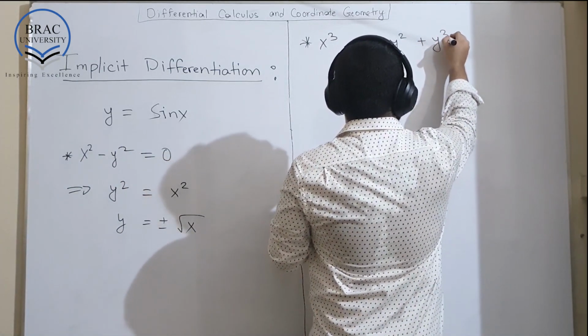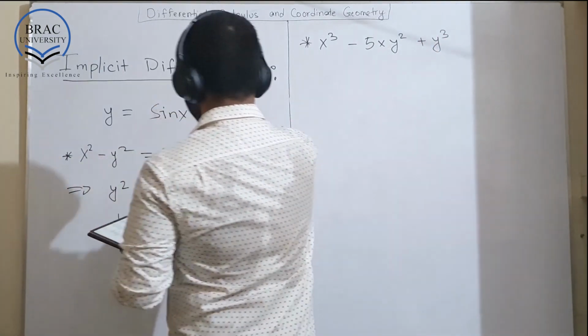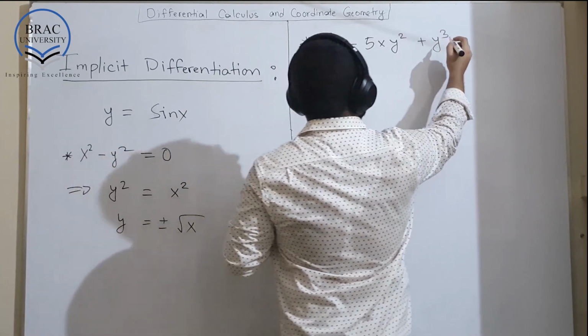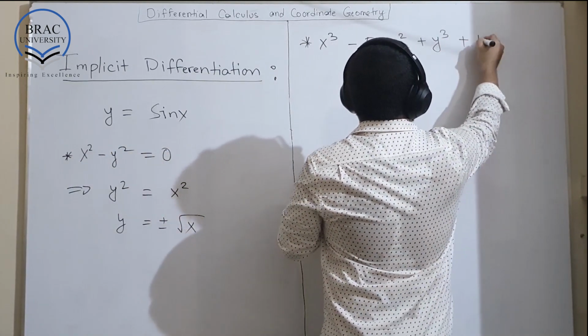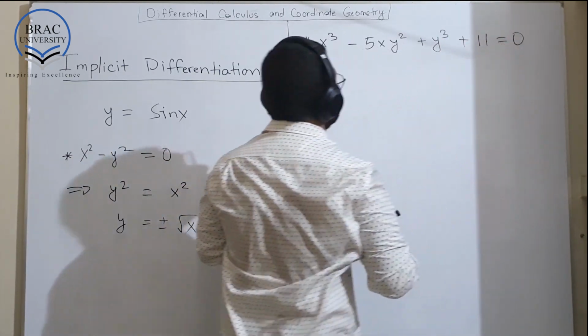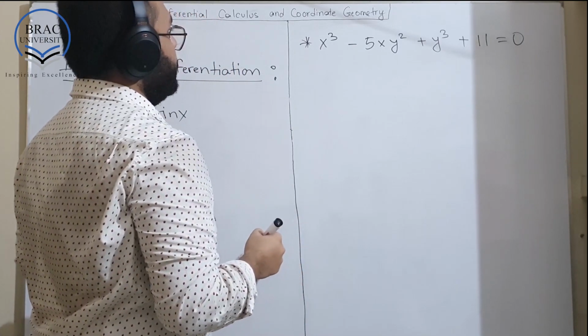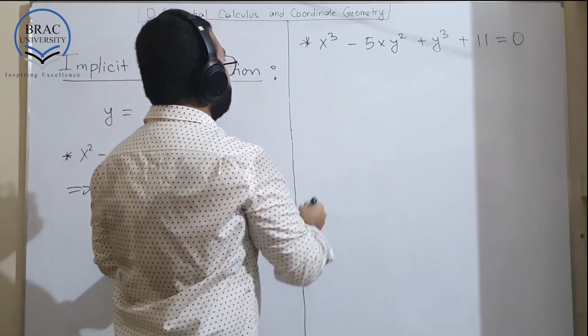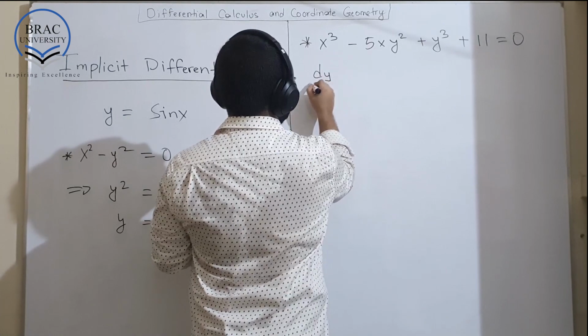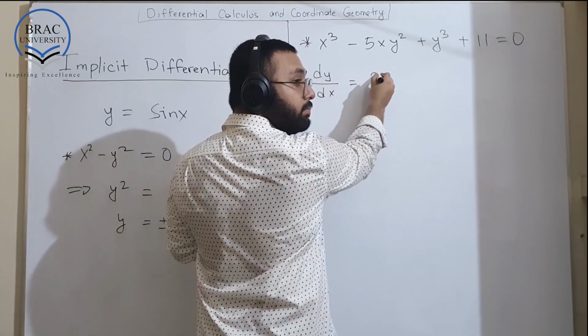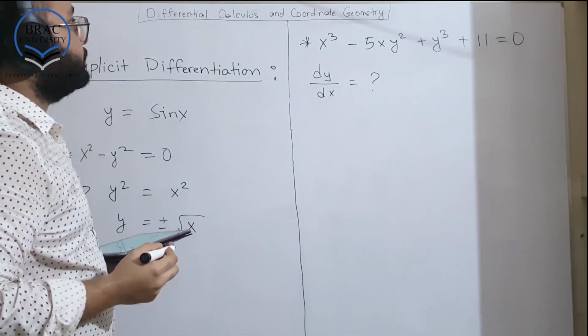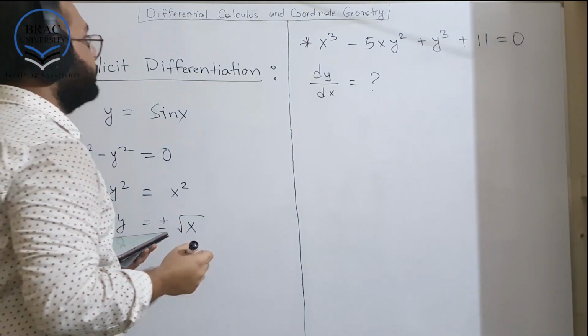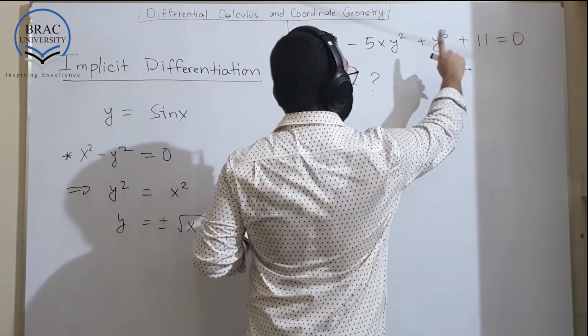Usually they are connected by an equation, something like this. Let's consider this equation, and we are asked to find the derivative. How do we do that? Can we write y in terms of x?